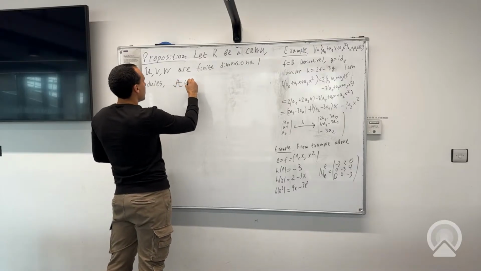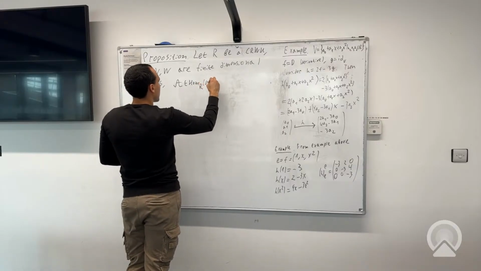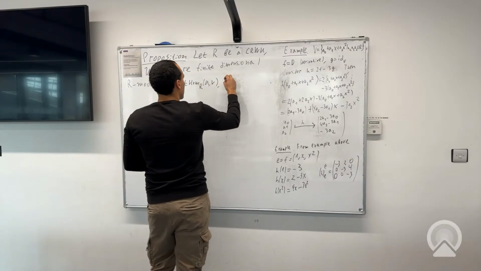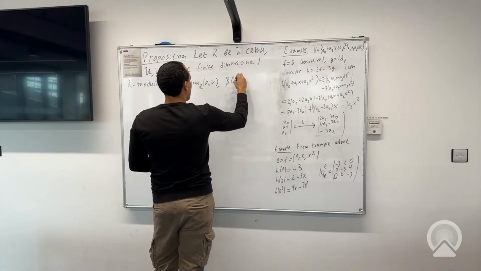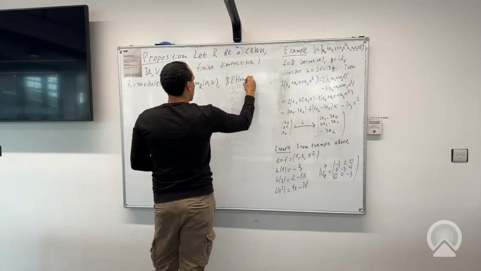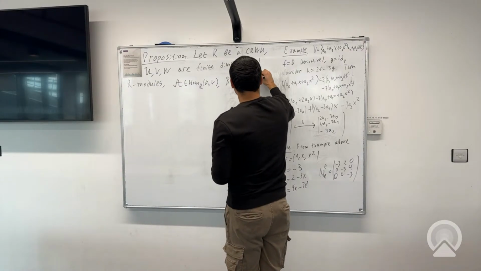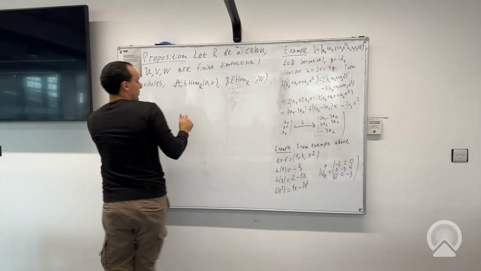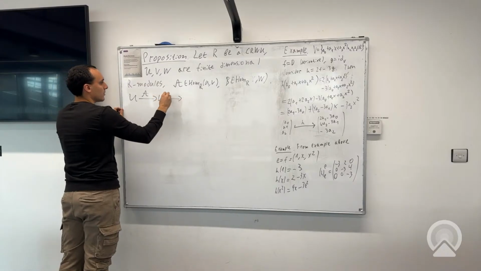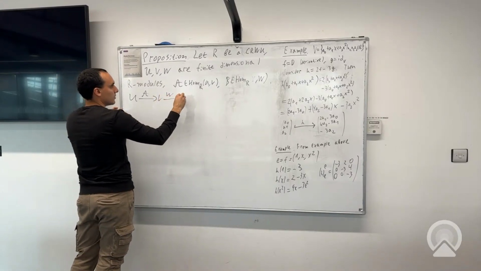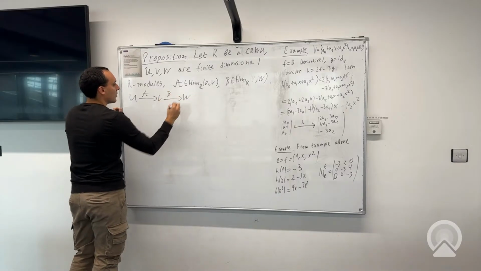A is a linear map from U to V, and B is a linear map from V to W. So we have just U, V, and W. This is what we have.